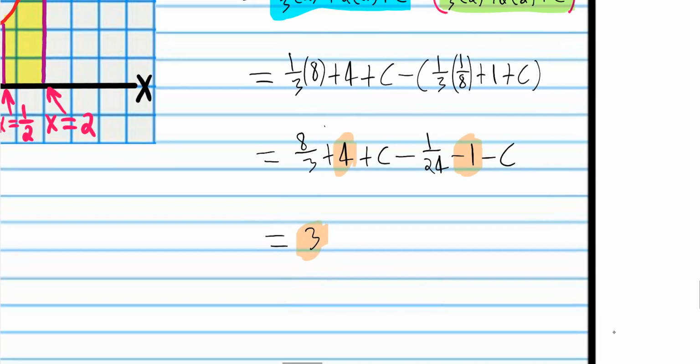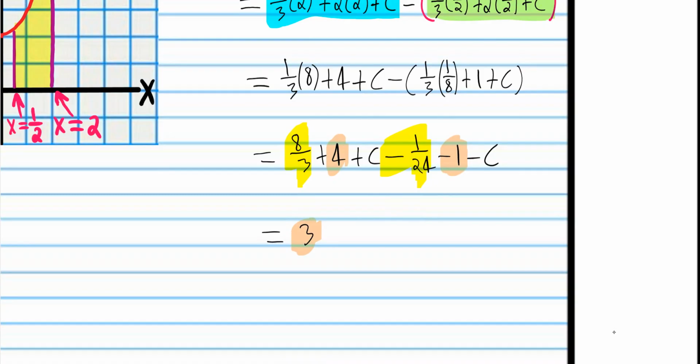And if I multiply both sides of this fraction by 8, I get 64/24. And I can combine those. 64 over 24 minus 1 over 24 is 63 over 24. And I also want you to know that the c's just cancel out. C minus C is 0.